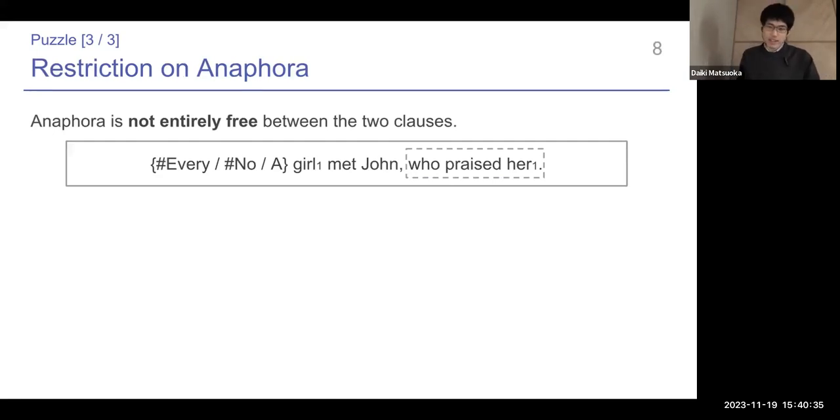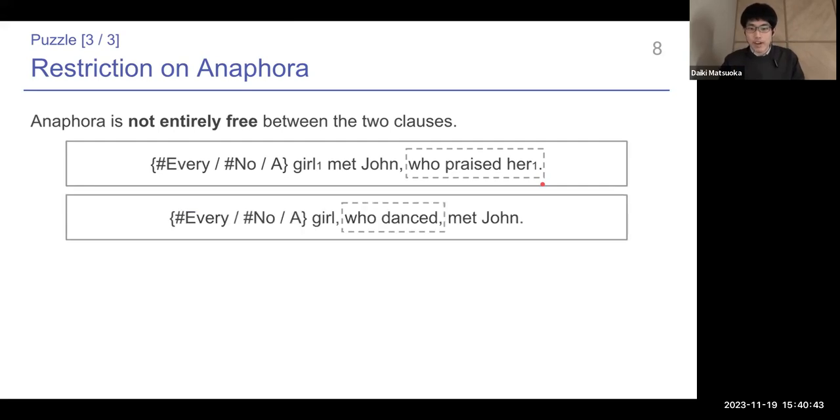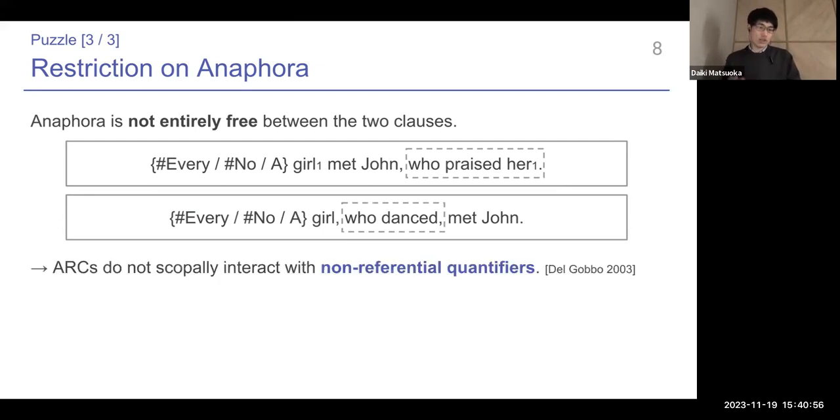The intuitive reason is that there is no specific entity referred to by the pronoun her. In a parallel way, an ARC cannot modify a noun phrase with every or no. "Every girl, or no girl, who danced met John." This type of construction is not possible. So we can conclude that ARCs do not scopally interact with non-referential quantifiers.